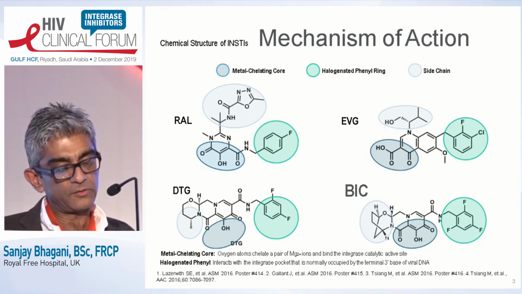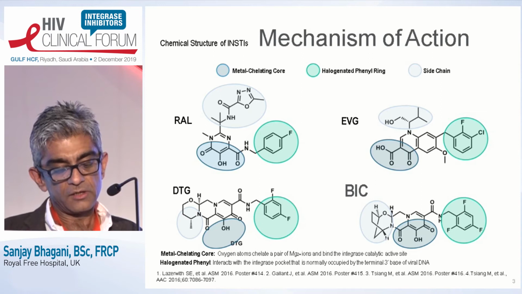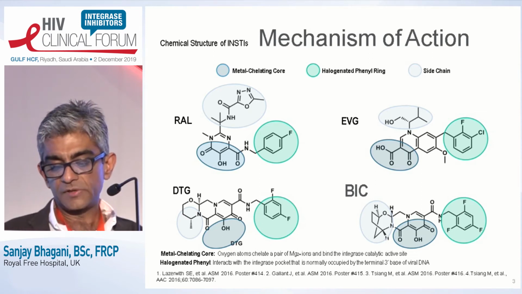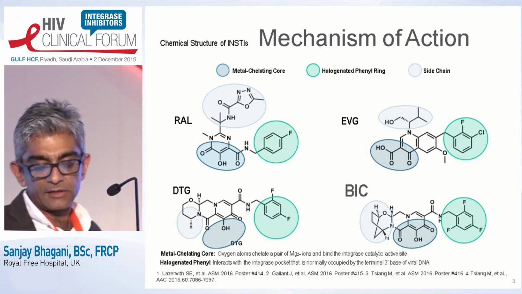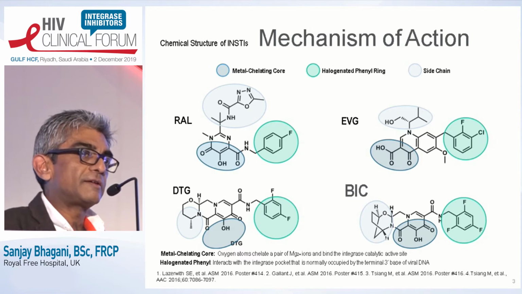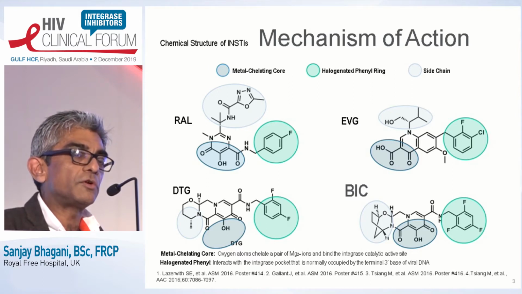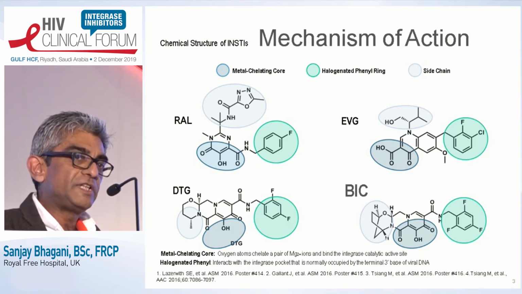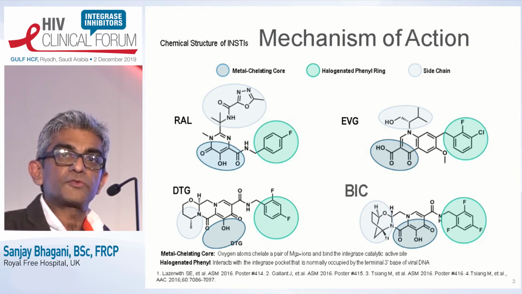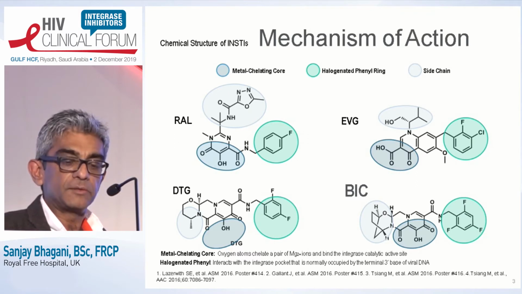The other thing is they all have a halogenated phenyl which interacts with the integrase pocket that's normally involved in cleaving the terminal 3 base of the viral DNA before it gets integrated into the host genome. And so all of these have these two properties that make them work in stopping replication of HIV.